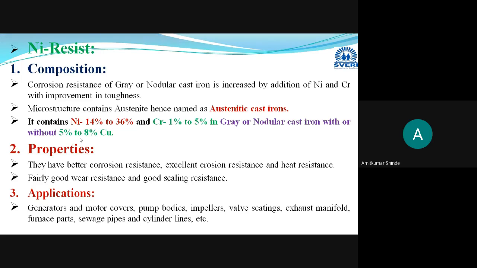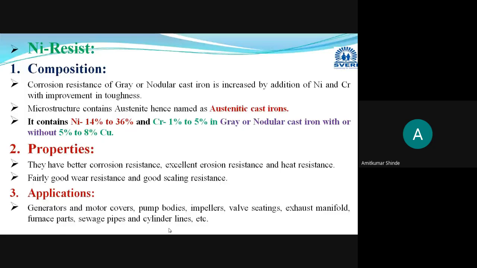Then sewage pipes and cylinder liners. Sorry, by mistake I have written lines here, please read it as liners. Cylinder liners will be manufactured with the help of nickel resist cast iron.